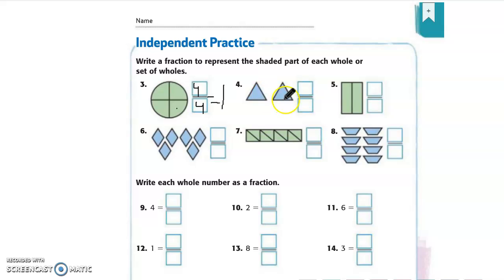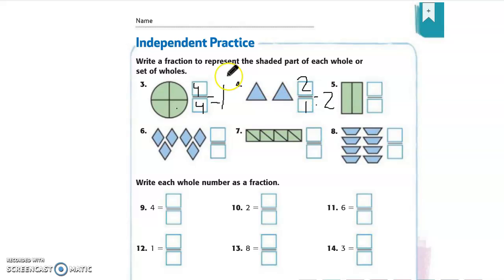Now over here, these are not connected, right? They're not touching each other, they're separate. So I know then that there's just one of the same shape, same piece, but I have 2 wholes. So I have 2 whole triangles.